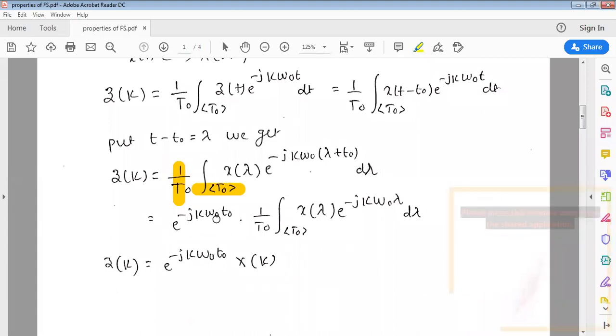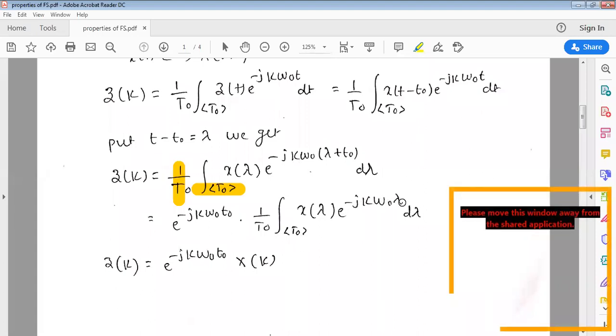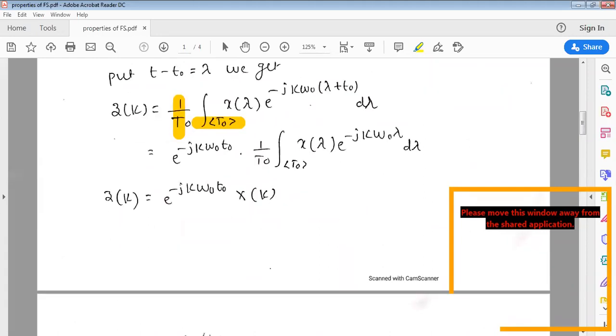I'll take it outside. So I have 1 by T naught integral for a period of T naught x of lambda into e power minus jk omega naught lambda d lambda. Therefore, z of k is equal to e power minus jk omega naught t naught into x of k.